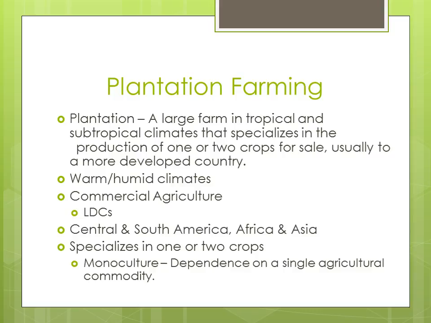In Asia, we see a lot of rubber tree plantations, and rubber trees are often used for things like latex gloves, as well as palm oil. And palm oil is used in a variety of different products, ranging from things like detergent and shampoo to things like ice cream. And so they're going to specialize in certain types of crops that are typically consumed in MDCs. And this is a form of commercial agriculture that brings in a lot of money for these LDCs.